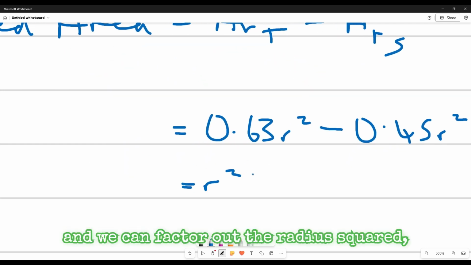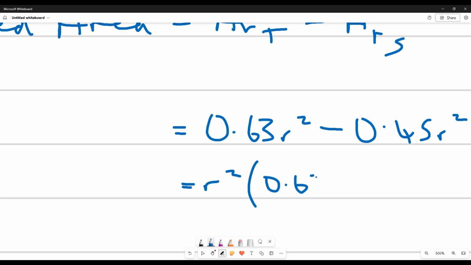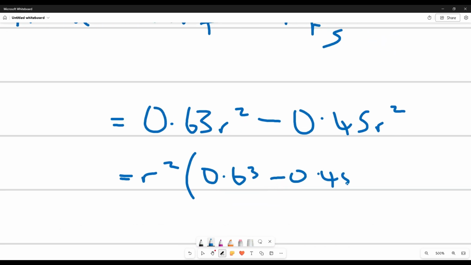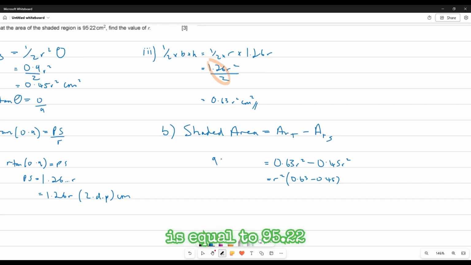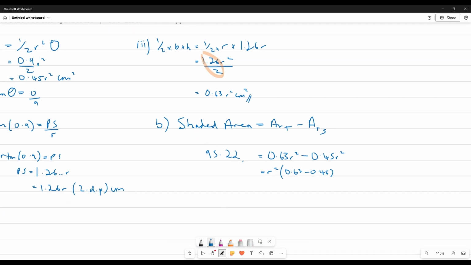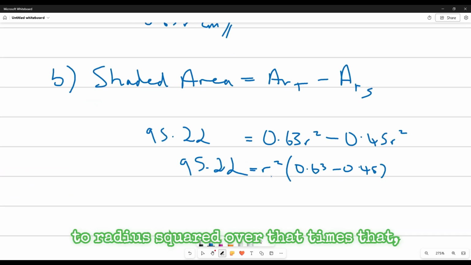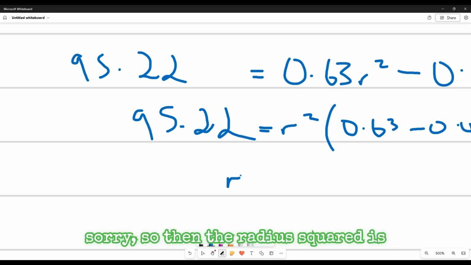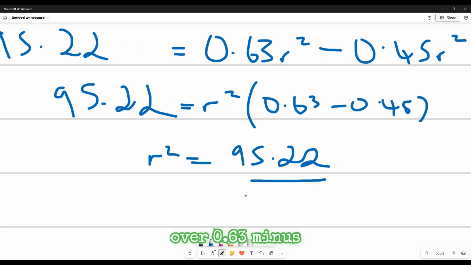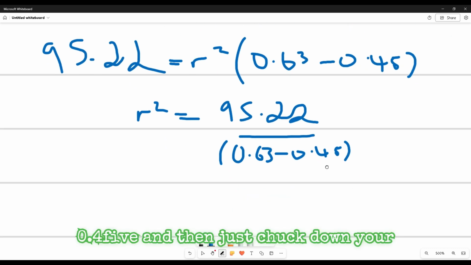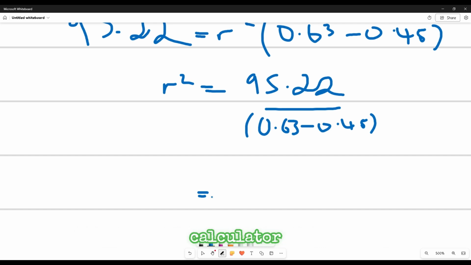We can factor out the radius squared, and we also know the shaded area is equal to 95.22. So 95.22 is equal to radius squared times that. So the radius squared is equal to 95.22 over 0.63 minus 0.45. And then just put that in your calculator.